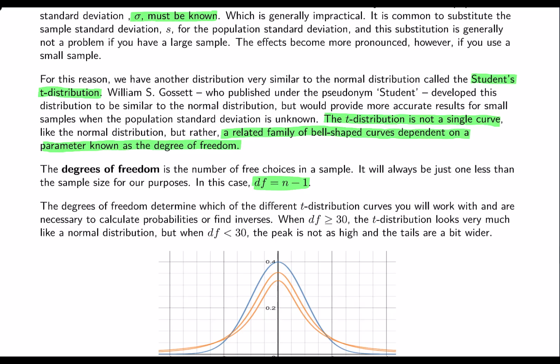The second to last person only has a choice between two different chairs, but they still have a free choice. The last person that walks in, however, gets a chair, but they don't get to choose what their chair is. Their chair is chosen for them by what everybody else picked. So the number of free choices in a sample is just one less than the sample size.